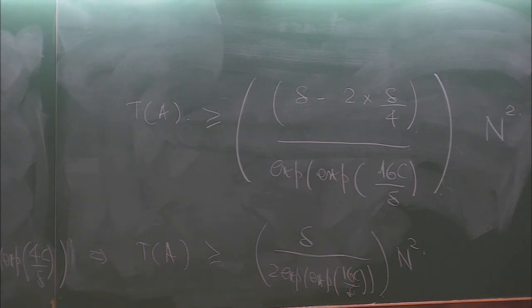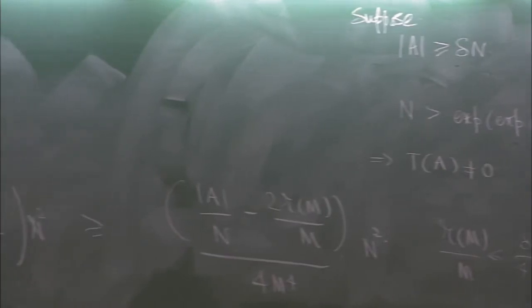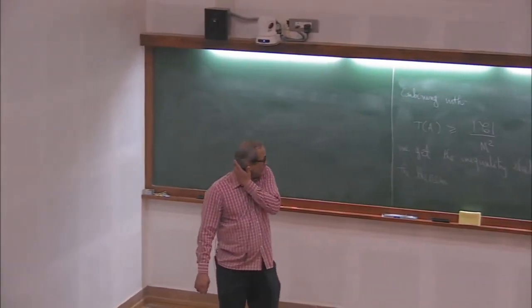So this is where the purely combinatorial arguments end, and one uses analytic arguments from Fourier series, I mean elementary finite Fourier series.